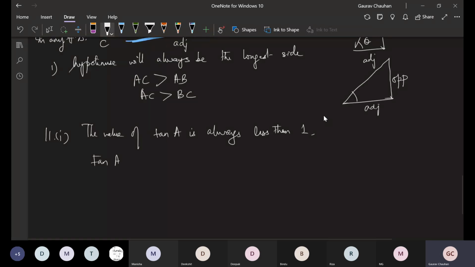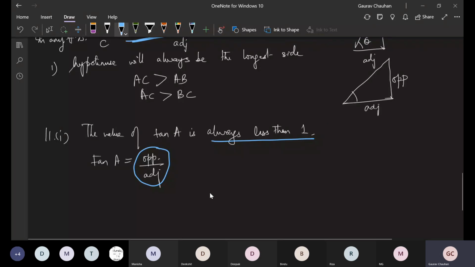Now can someone tell me the tan theta formula? Anyone? Bindu, go ahead. Sir, opposite by adjacent. Okay. Now just imagine, for this value to always be less than 1, what should happen?